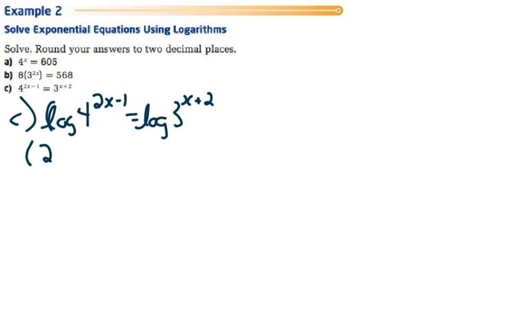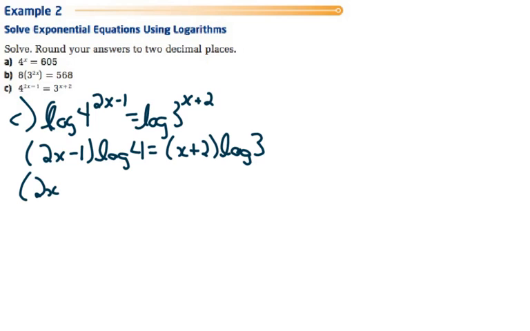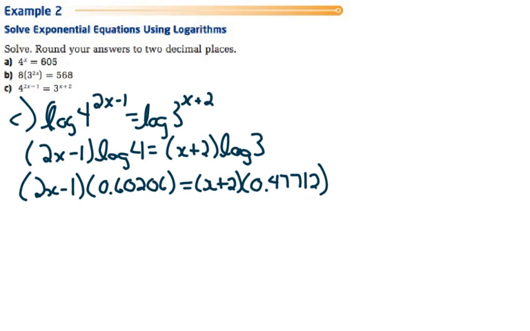Now we have 2 terms in each exponent, so let's make sure we put brackets around them. Flip over to the calculator, deal with those logs, work them out. So log 4 would be 0.60206. Log 3, 0.47712.